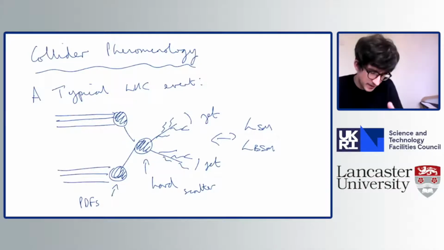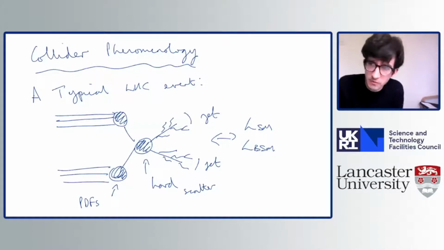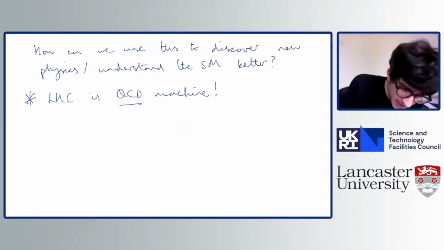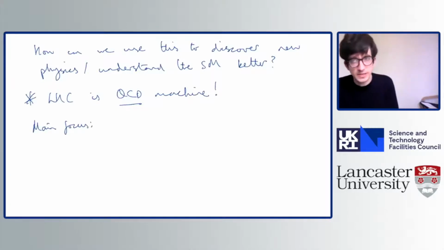But always one is colliding protons, and inevitably there's going to be lots of QCD radiation and all this sort of stuff going on in the final state. So you can never really get away with that. That's the first key statement. And because of that, and because of the limited time, a lot of the focus here will be on that QCD element, because it's always there.